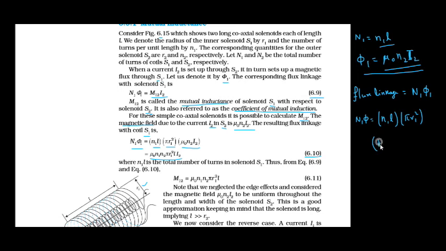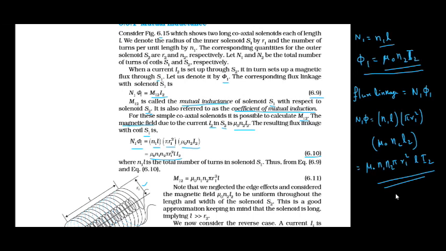After that, the magnetic field will be equal to mu naught N2 I2. If we multiply everything, then we get mu naught N1 N2 pi r1 square L I2. This whole thing we get.